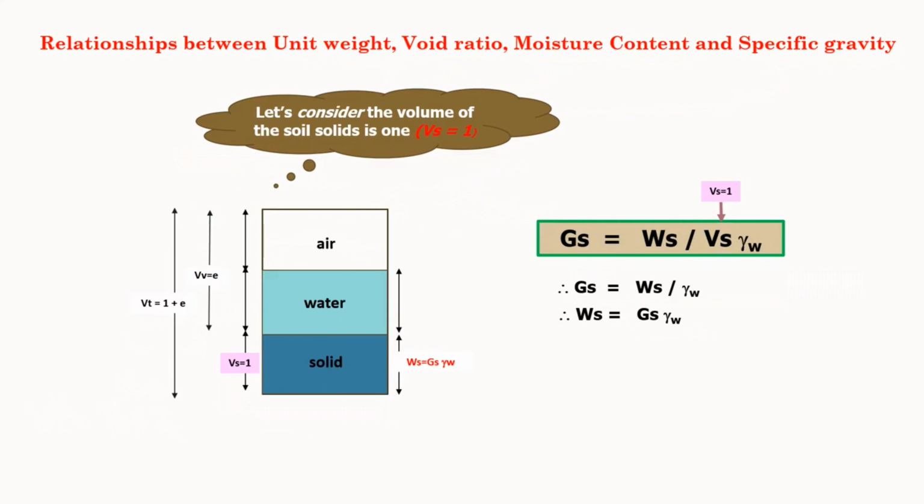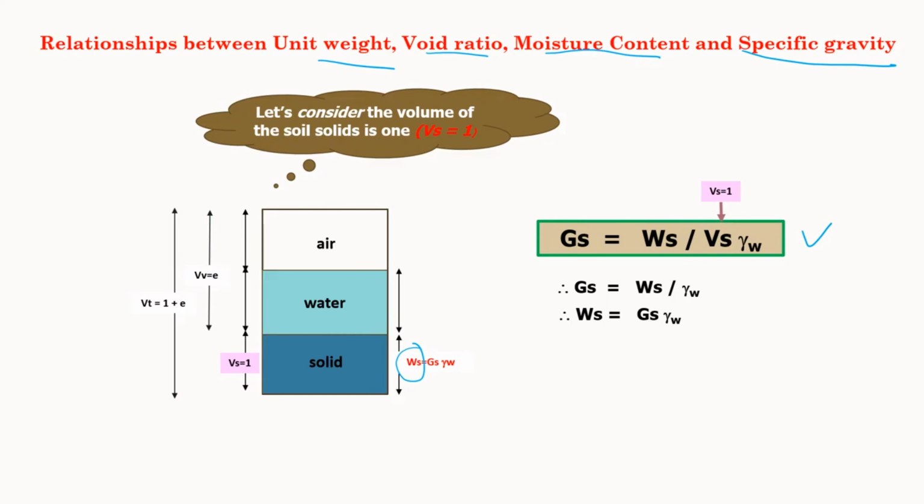Next, we are trying to get the equations for other components. In this case, we are trying to find the equations that relate to unit weight, void ratio, moisture content, and specific gravity for weight of solid. How do we do this? We know that specific gravity is equal to Ws divided by Vs times unit weight of water.